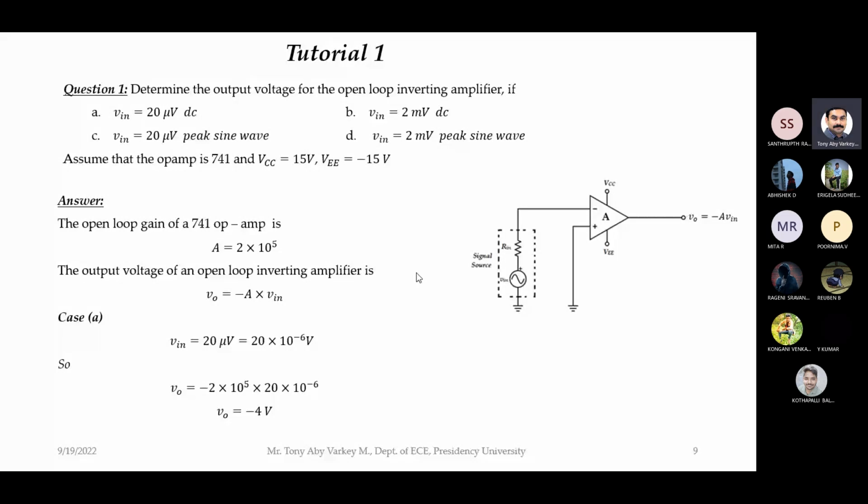Now in case 2, can you quickly calculate how much will it be? Case 2 means input voltage is 20 millivolt. 20 millivolt means what? 20 into 10 power minus 3. So can you quickly calculate and tell me?